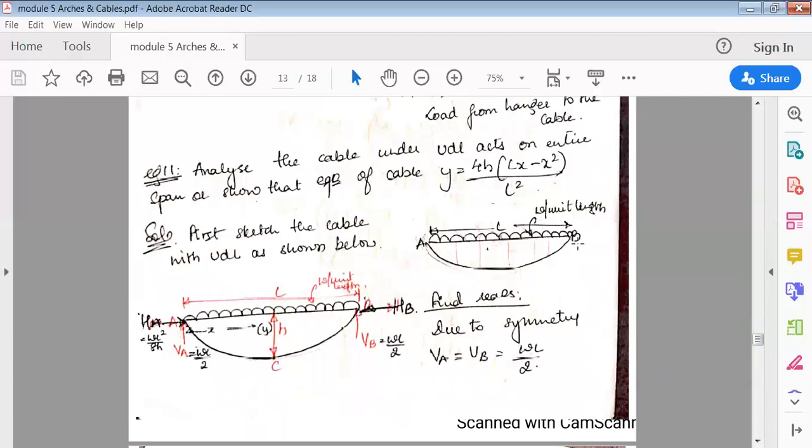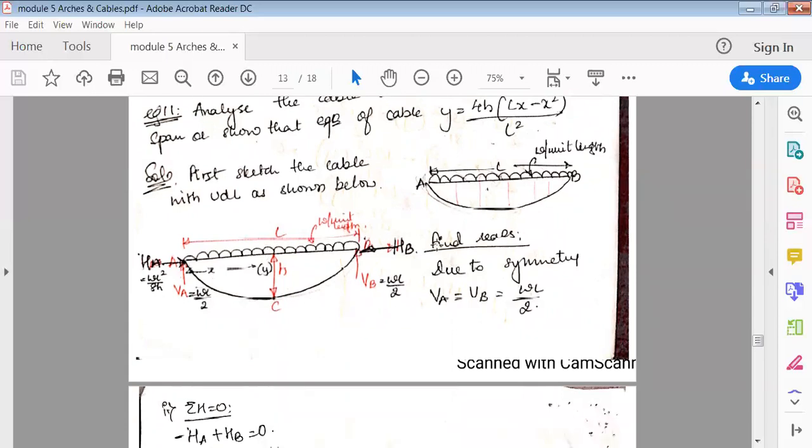So A and B are treated as hinge supports, and because they are hinges, there are two reactions: HA, VA, HB, VB. This is called the dip. So the dip here is H, the distance from exactly the center to C. So we name this as AB, and the maximum dip is at C, at the center, so we'll name it as H, and the length is L.